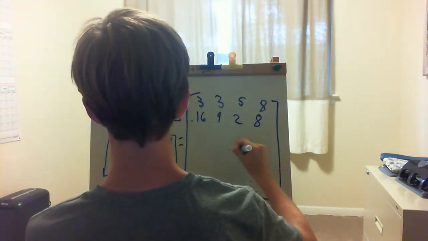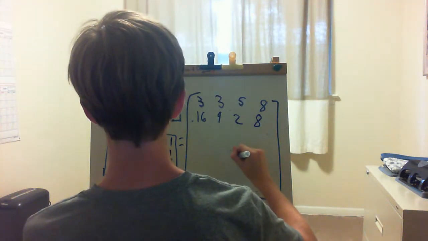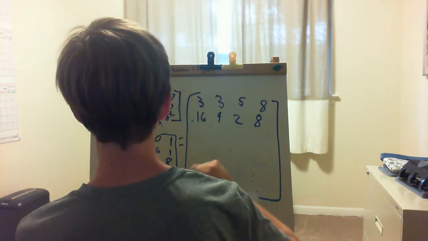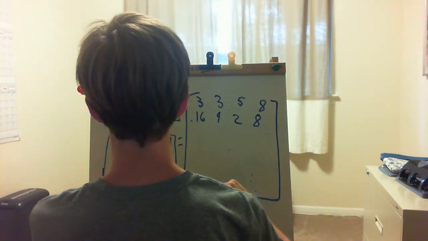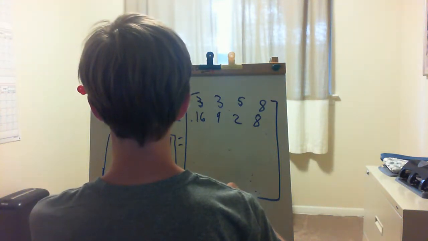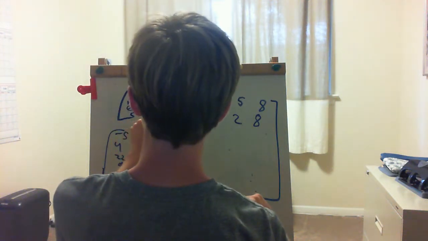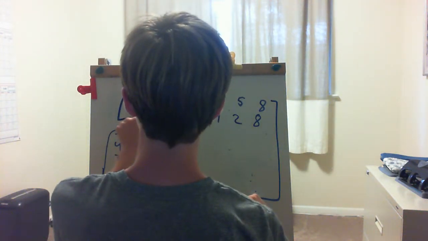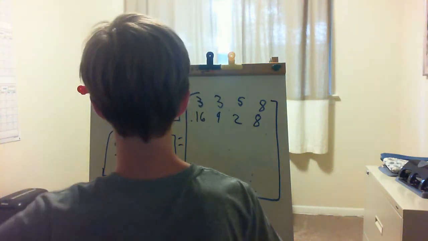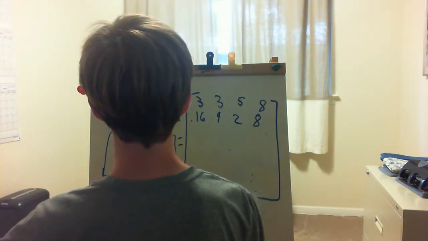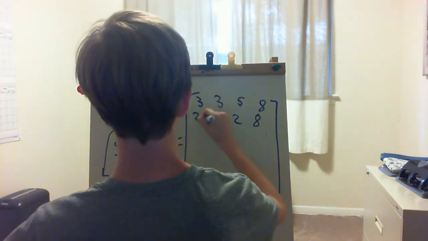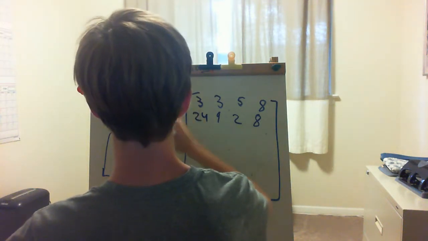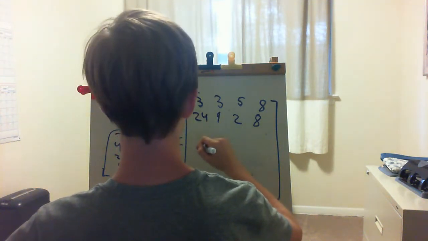Third row, hold on, there seems to be a mistake. Oh, okay. Okay. So sorry about that. This is 24. Not 16, this is 24. This is 3, 3, 5, 8.